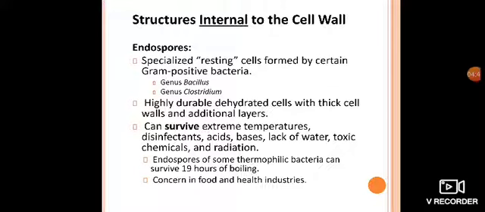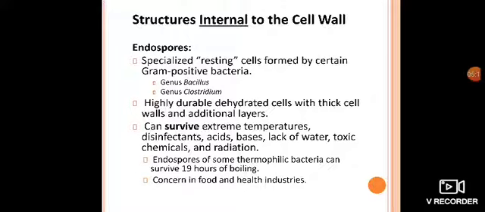For example, the endospore of some thermophilic bacteria can survive 19 hours of boiling. Can you imagine that? 19-hour boiling, and still those spores are surviving. So it is a very huge problem. If bacteria form spores, they will largely survive in the environment, and it is very difficult to inhibit the growth of those spores.